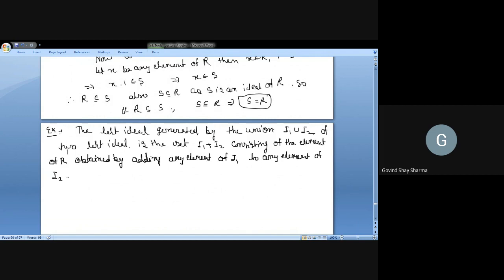Here, let I1 and I2 be ideals of R, and S equal to I1 union I2.